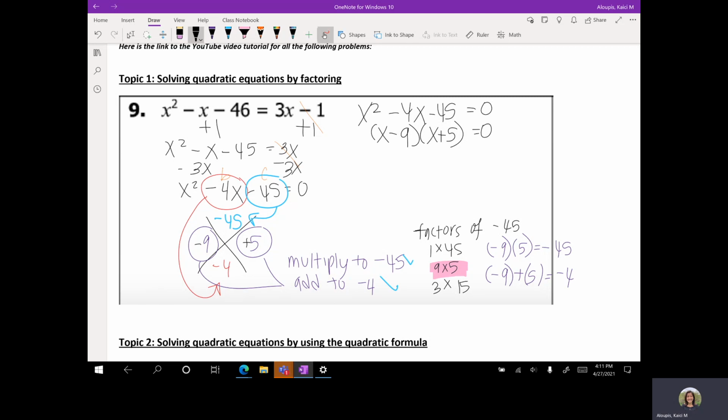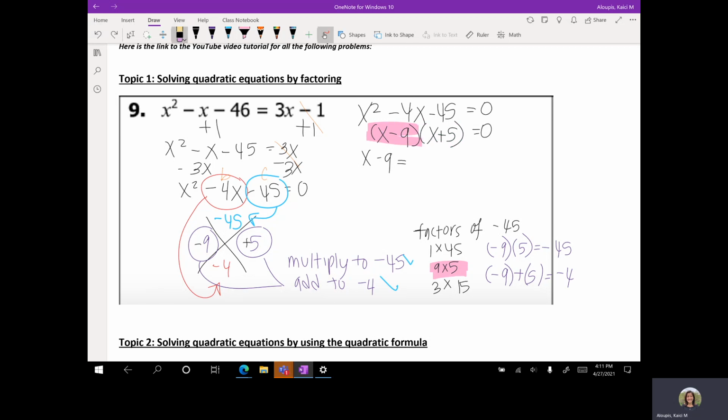So what we're going to do now is, if we remember the zero product property, if this quantity, x minus 9, is set equal to 0, then the whole expression becomes equal to 0, because 0 times anything is 0.